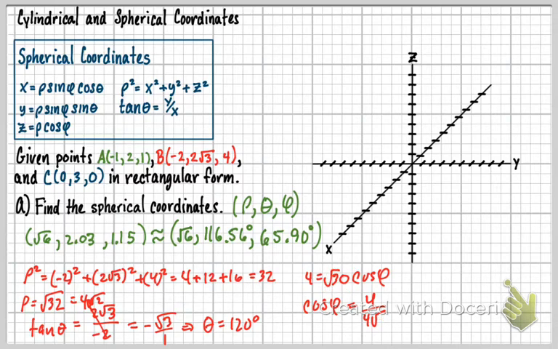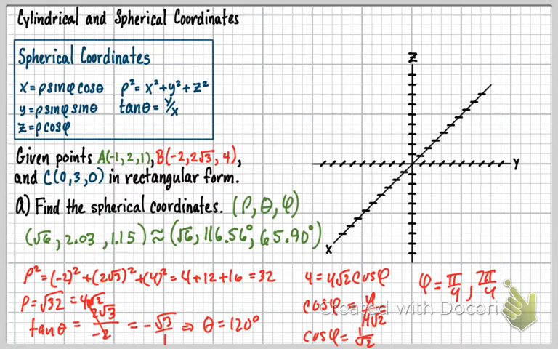That's supposed to be 4 square root 2, and then those cancel, and this gives me cosine of phi equals 1 over root 2. I'm not going to take the inverse of it, I'll just say phi is going to equal, and remember cosine is positive, so that means it's going to be the first or fourth quadrant. So it's going to be pi fourths or 7 pi fourths as our answers here for phi.